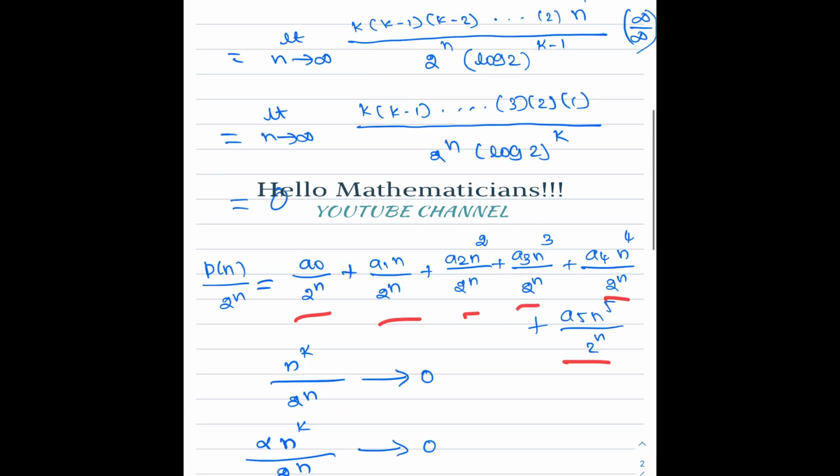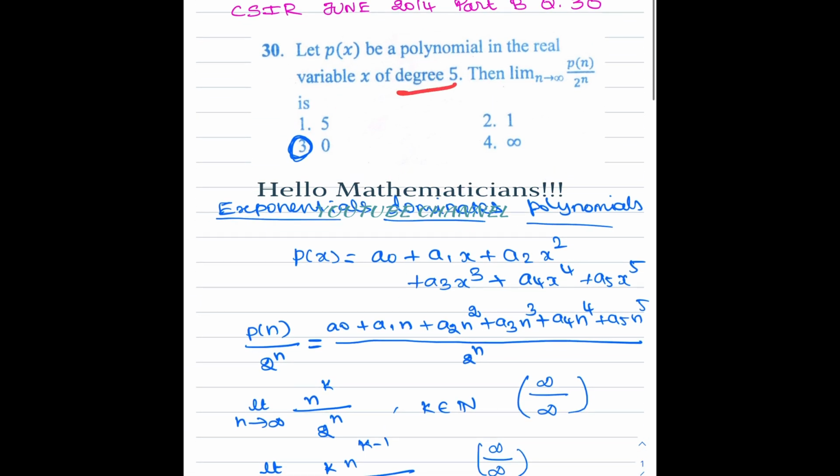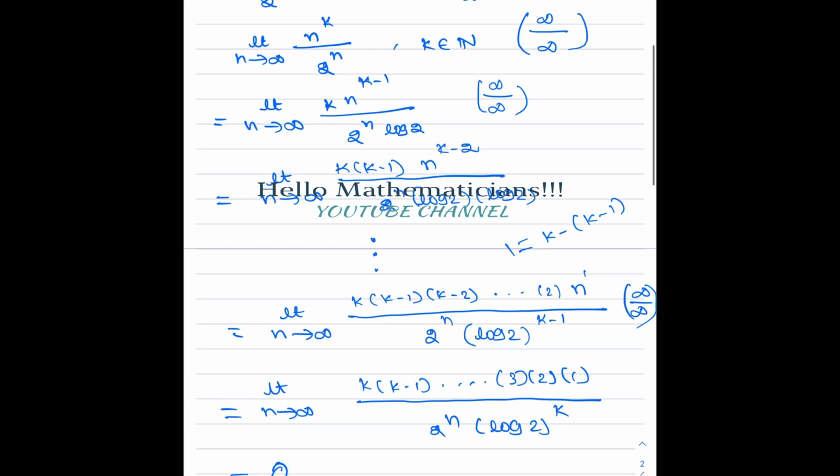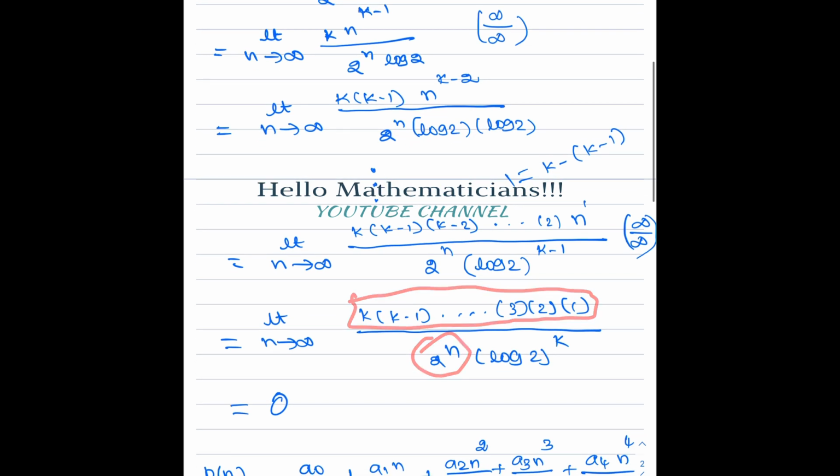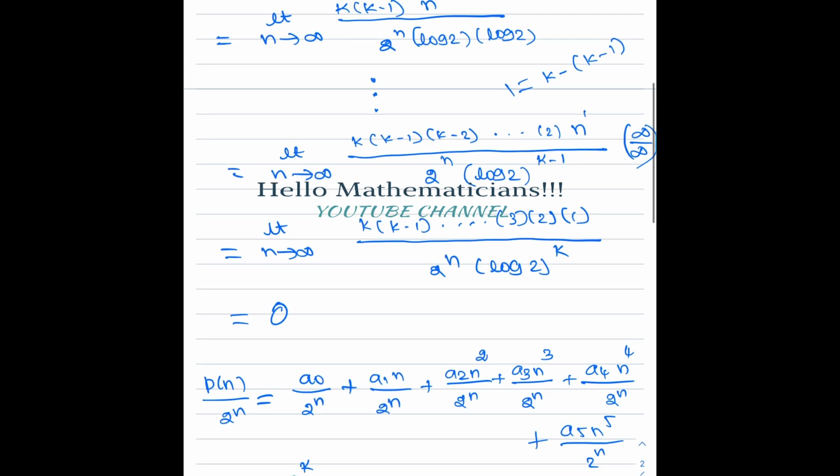Whatever degree they give here, the answer is 0, because the only idea is that when we keep differentiating and applying L'Hospital rule, after a while the power k keeps decreasing, and finally we get a term which is independent of n. So we'll end up with only the 2 power n in the denominator. That won't go anywhere. Since this 2 power n stays as it is, the answer is 0.